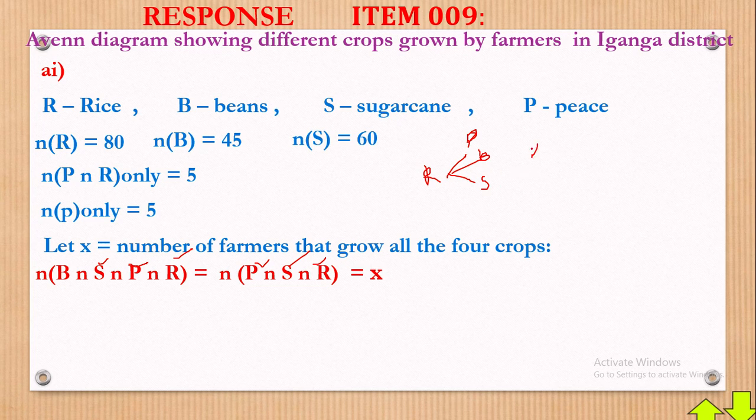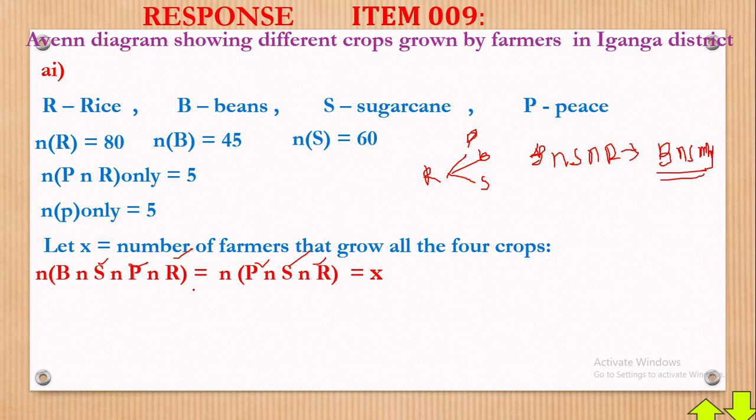It means that if you have an arrangement which has rice, it is the same thing. Like, if I say beans intersection sugar intersection rice, this is one way of writing, just as beans intersection sugar only. You exclude the rice and you add the word only.